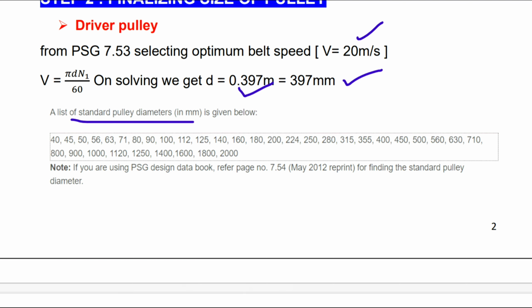Select the nearest value to 397. Here 397 comes between 355 and 400, but the nearest value is 400, so we select 400. So the diameter of the driver pulley will be 400 mm. This is the standard value.